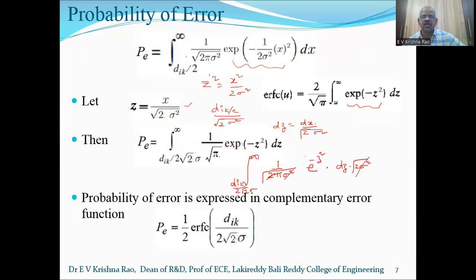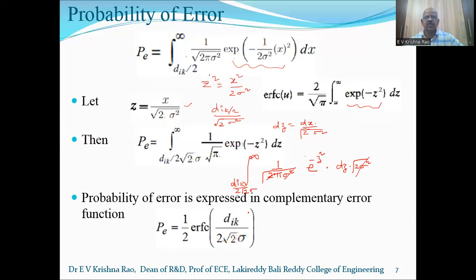This is what this function is. Now we express it as the complementary error function, so we get a half complementary error function of dik by 2 root 2 sigma as u. U is the lower limit.